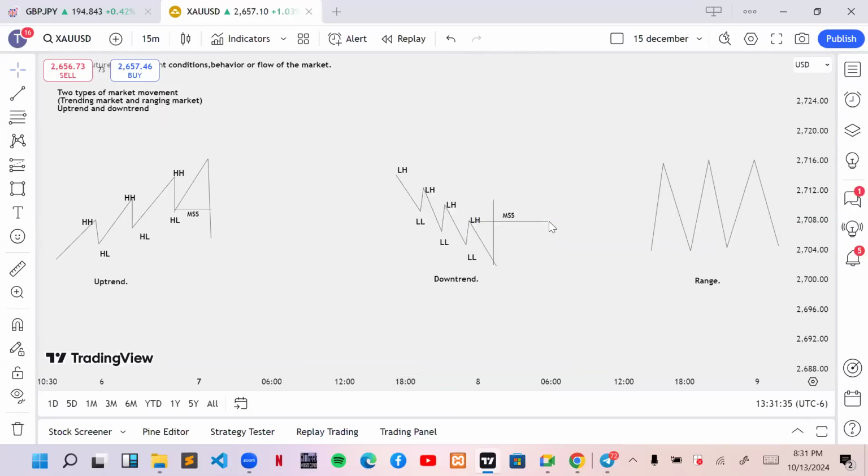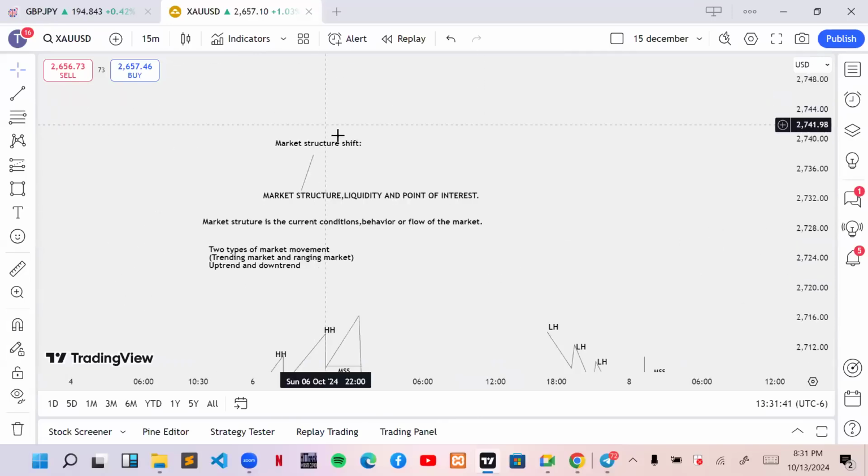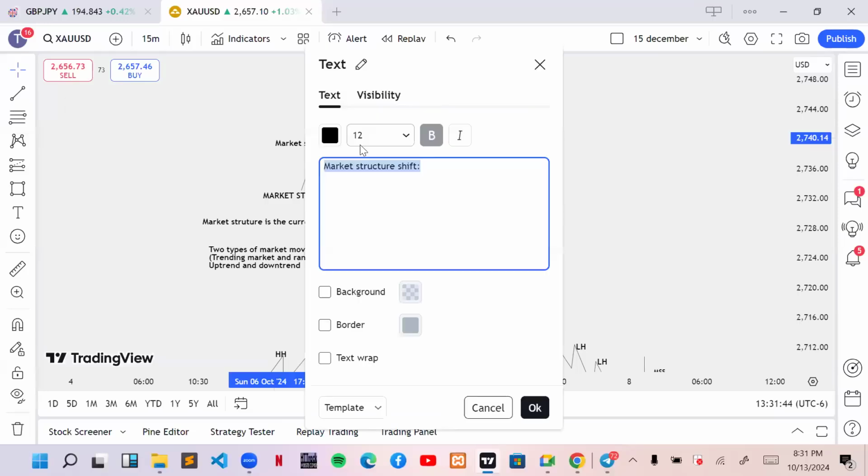Like I said, whenever there's a market structure shift, you're not going to be looking for trades in the same direction. The market structure shift is an indication that the current trend is about to end and the new one is about to begin in the opposite direction.